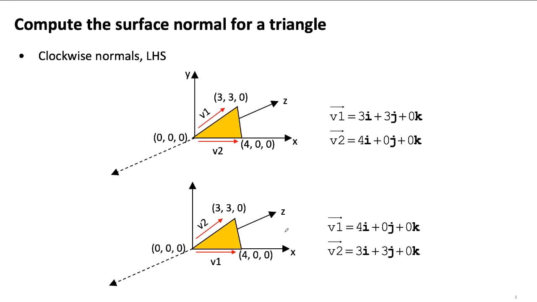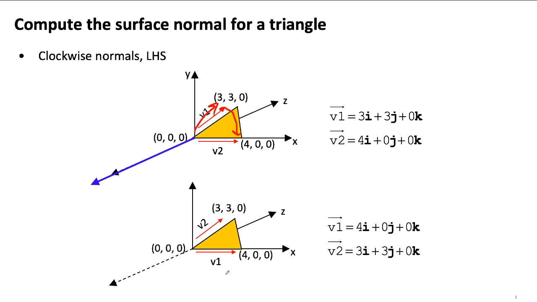Suppose that the 3D object created by your artist, exported from the software, is created using a left-handed convention in terms of how the vertices are ordered. What this means is that if you take your left hand and curl your fingers, starting with the V1 vector and curling around to match the V2 vector, so your fingertips are going towards V2, your thumb is going to point in the direction of the vector created by this cross product.